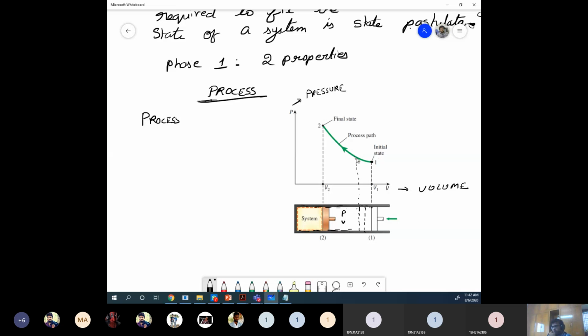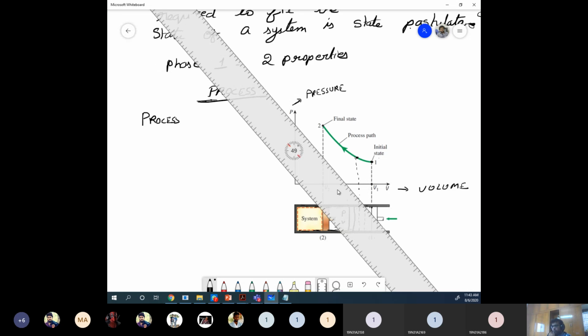And like this I keep moving my piston. If the piston is now here, obviously the pressure will be higher and the volume lower, so you'll see another point.